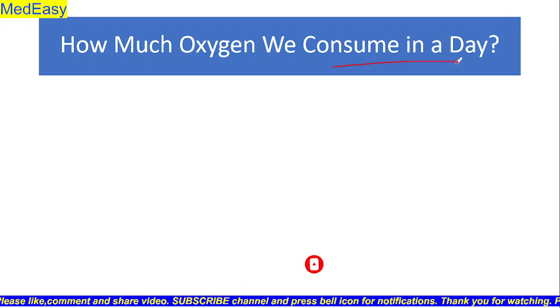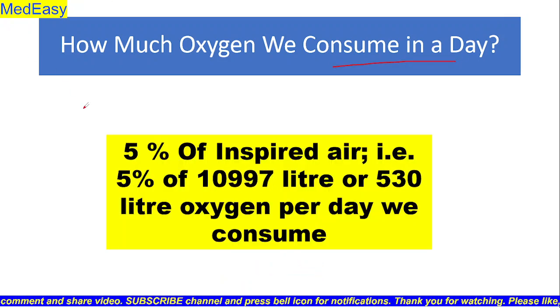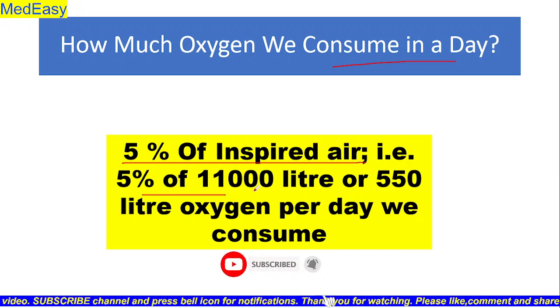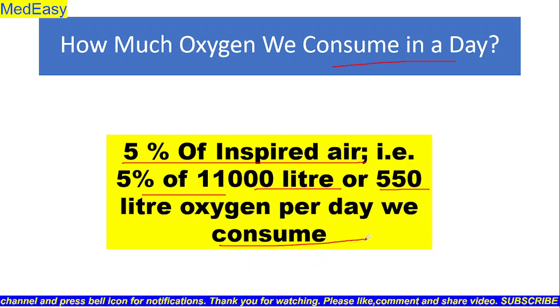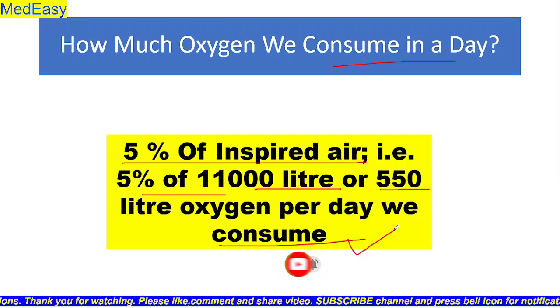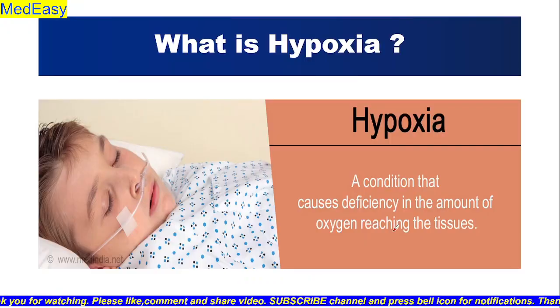If you calculate, it comes to around 5% of inspired air, that is 5% of 11,000 liters, or 550 liters of oxygen per day we consume on a daily basis. This much oxygen is provided to us free by nature.